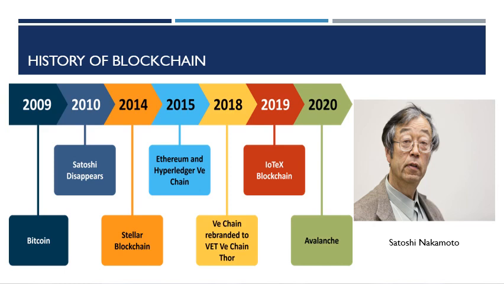Block.one introduced the EOS blockchain operating system, designed to support commercial decentralized applications. So slowly the blockchain emerged, and in 2022 Ethereum shifted from proof of work to proof of stake consensus mechanism. The original Ethereum mainnet merged with the Beacon Chain, which has proof of stake. Now it exists as one chain.